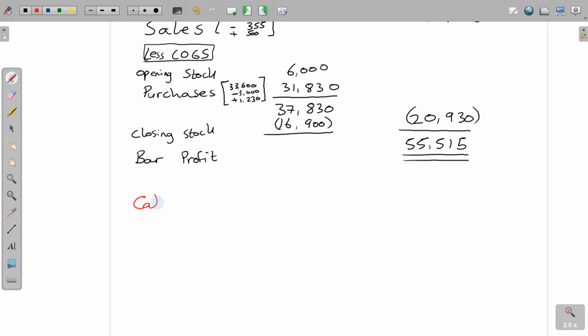So catering, so it's going to be the sales. So we have the sales element. We're going to take away the purchases. And from the purchases, we're going to take away the closing stock. So essentially that's going to be an add.